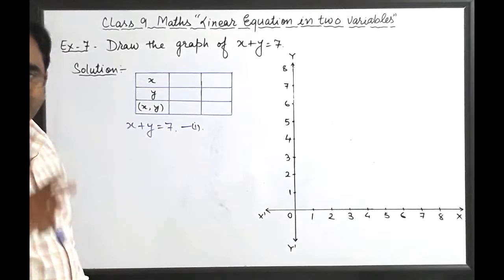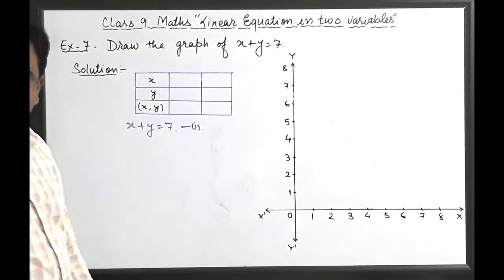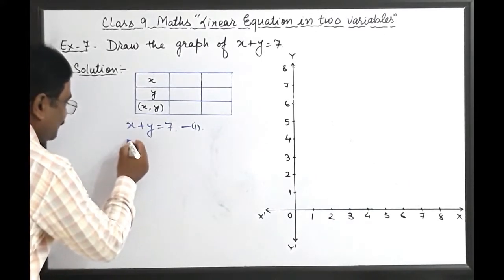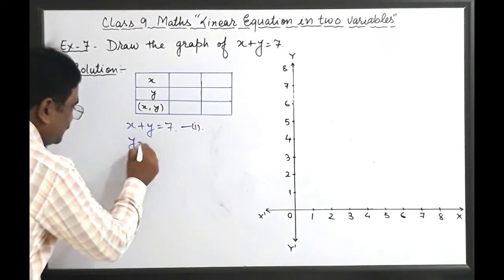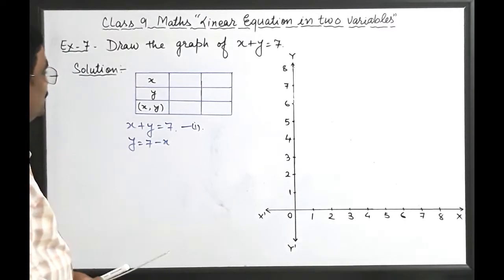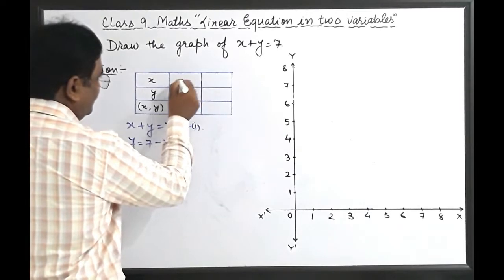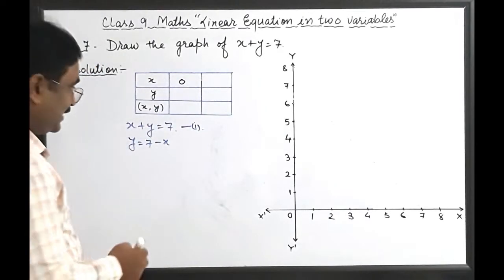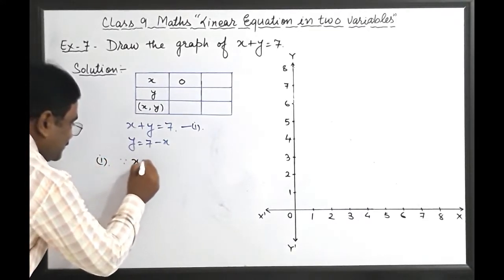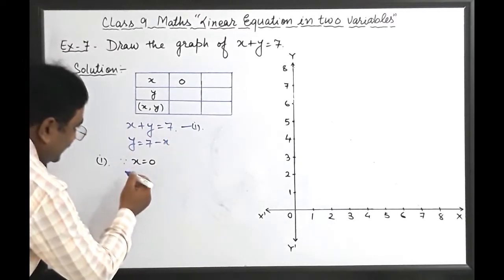With the help of 2 points, 2 coordinates, we can easily draw the line in the Cartesian system, right? So first find the value of y in terms of x. So y equals 7 minus x. For the first solution, let us take x equals 0 and substitute this value of x in this equation.